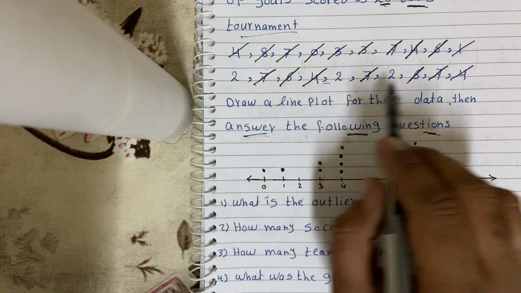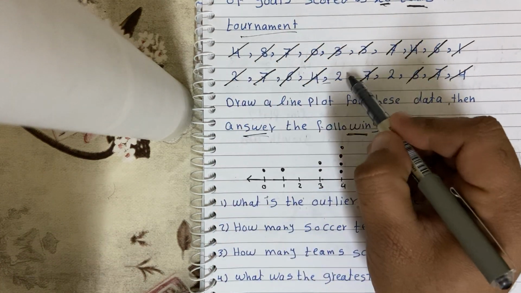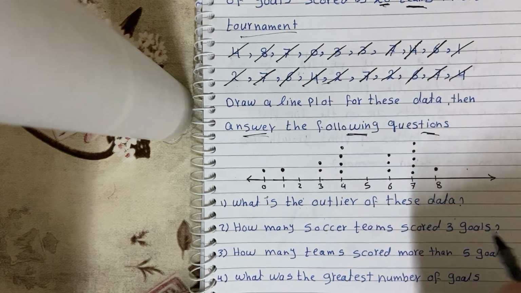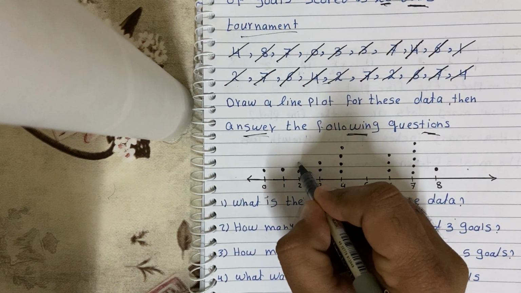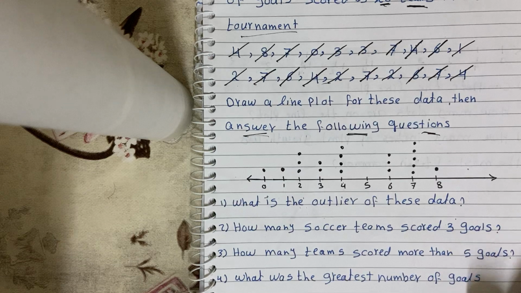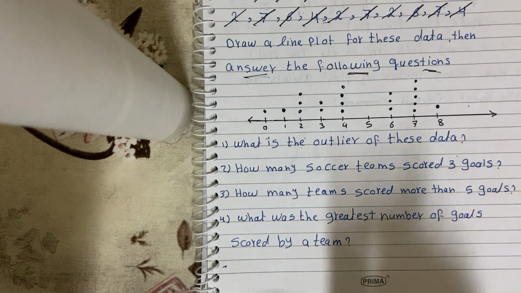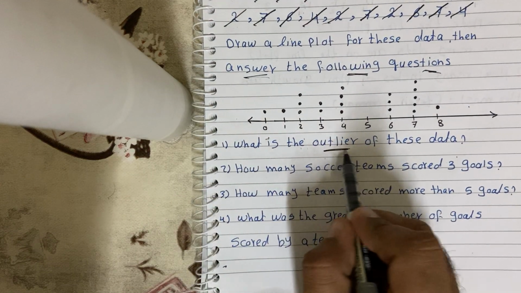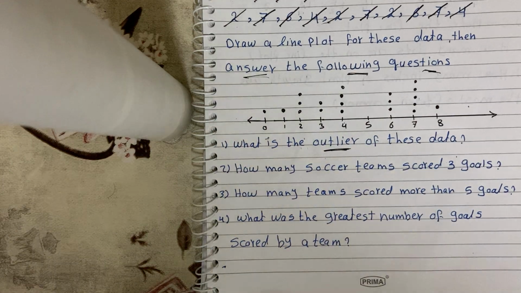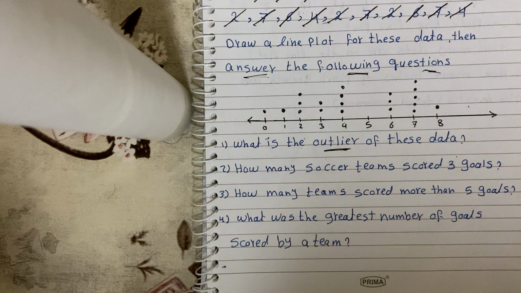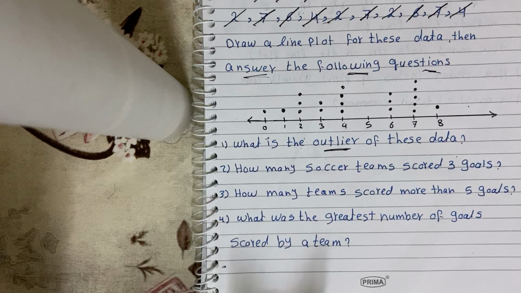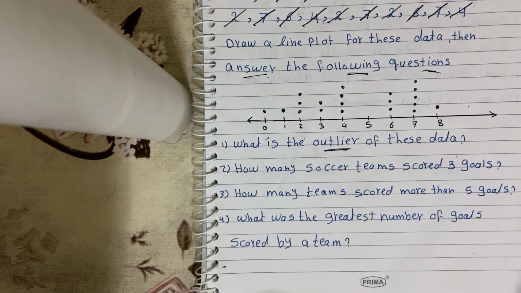How many 2s do we have? 1, 2, 3. Now let's answer the questions. What is the outlier of this data? The outlier is a value different from the other values or very far away from the other values.